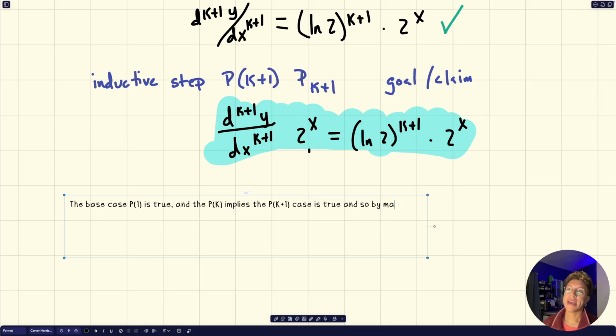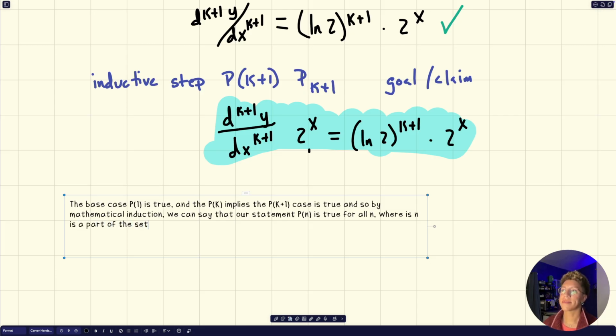And so by mathematical induction, we can say that our statement, P of n, which we established at the beginning, we said the nth derivative is ln2 to the nth power times 2 to the x, is true for all n, where n is a part, well, we could say a part of the set Z, specifically Z plus. And that would be our final statement.